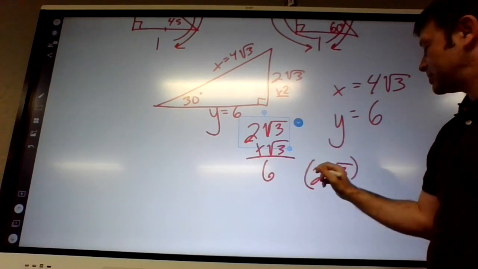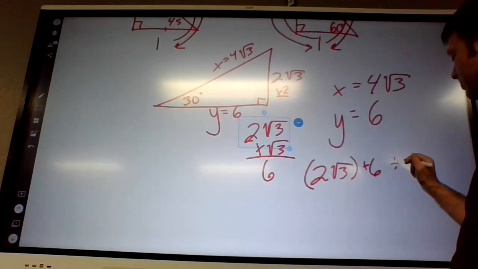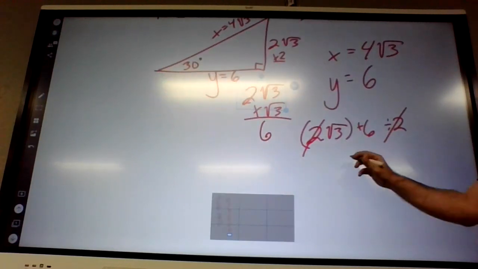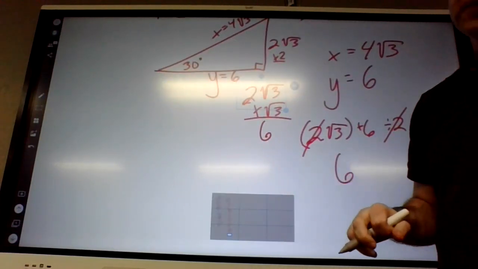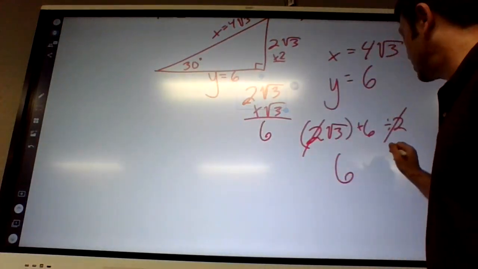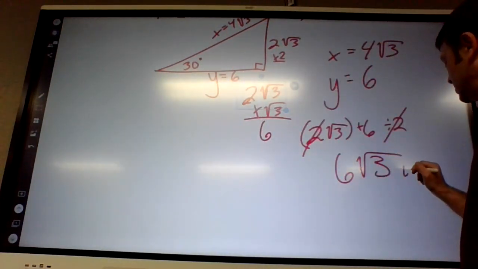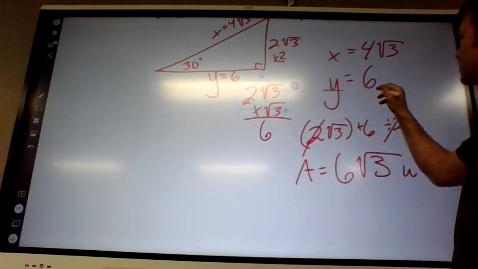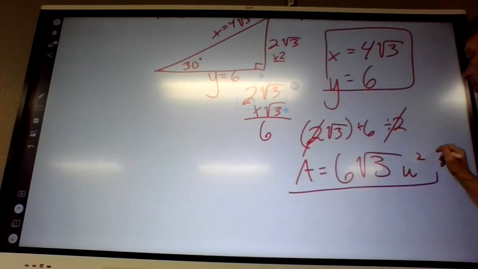Base times height divided by 2. The times 2 and divided by 2 cancel out, so it's 6 square root of 3. Do they give us any units? No, they don't. So let's just put 6 square root of 3 units squared. So these are the answers for the area.